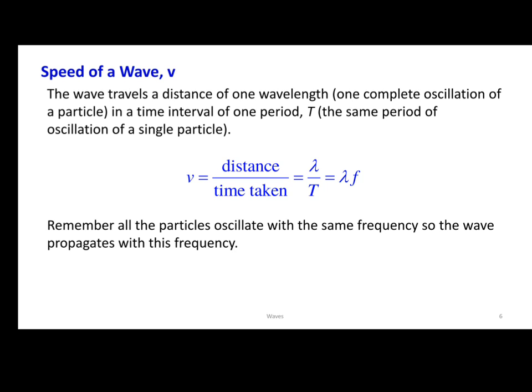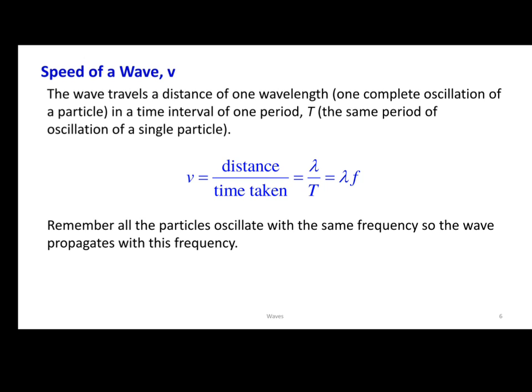Now your speed of the wave is taken as a distance of one wavelength in a time period, T. So we've got distance taken as wavelength over period, but 1 over your period is also your frequency, so the speed of the wave is given by wavelength times frequency. Now, all your particles oscillate with the same frequency, so the wave propagates with this frequency.